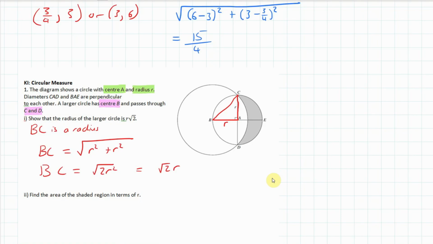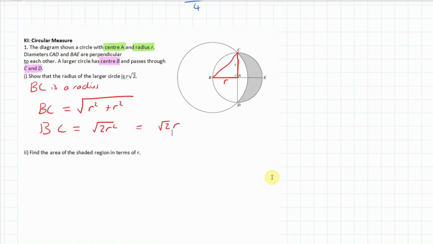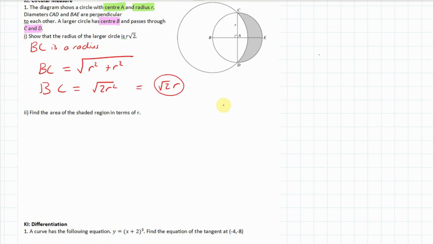Okay. Now we've got to find the area of the shaded region in terms of r. So this is a bit more complex, so we're going to do a few steps here. First of all, I'm going to find out what sector CBD is.